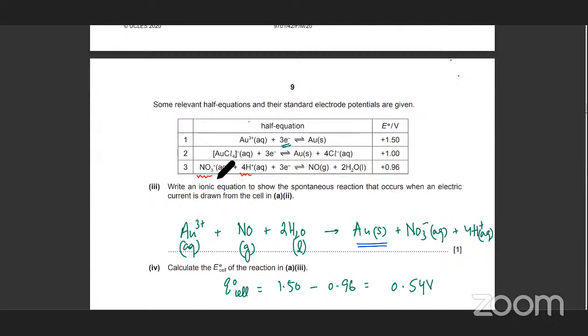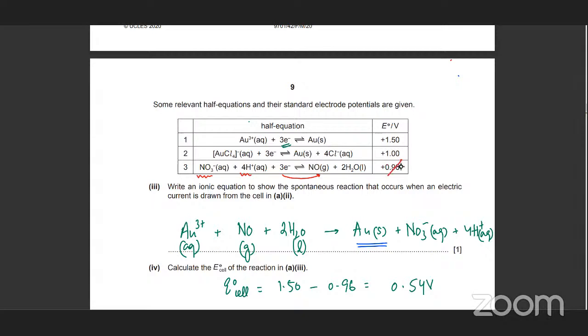To the right. And if it shifts to the right, then the potential increases. Remember, whenever your electrode equation shifts to the right, the potential increases, because it would gain a lot of electrons and the electrode would become more positive.